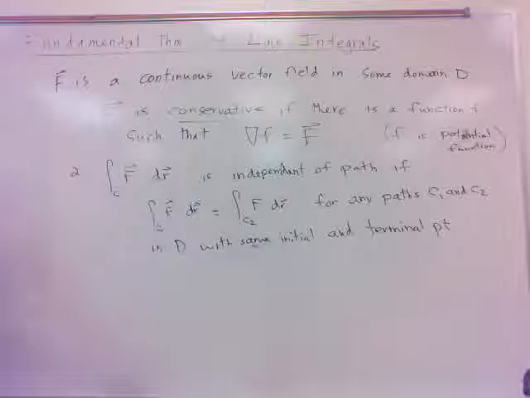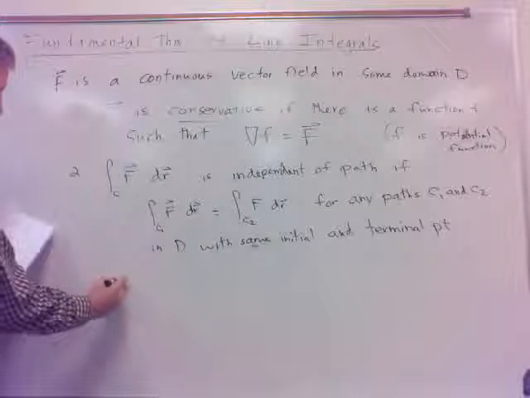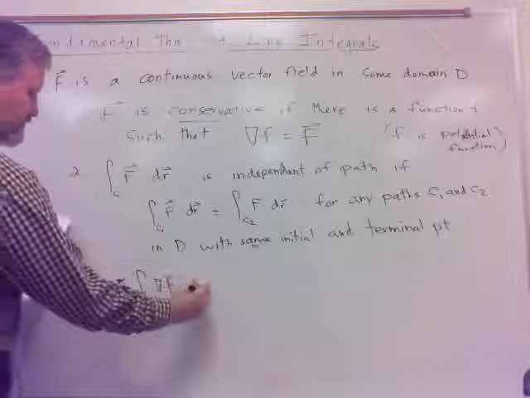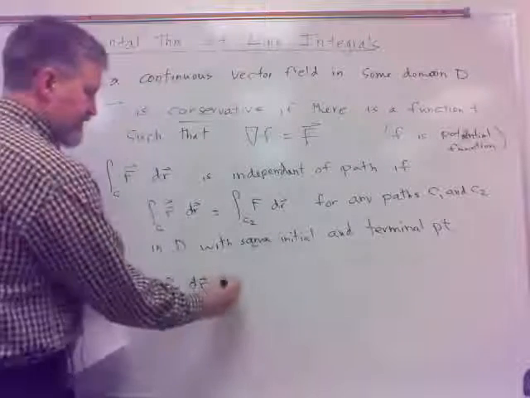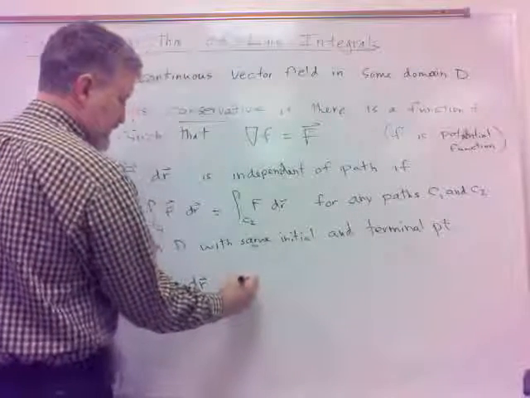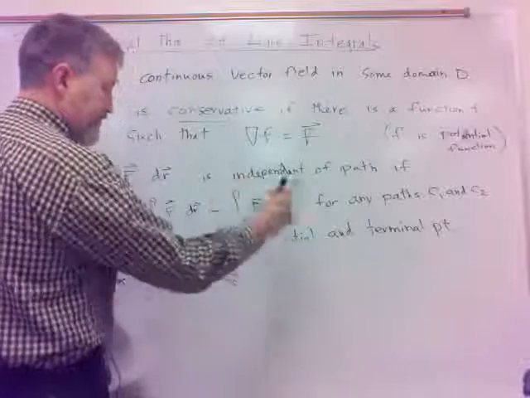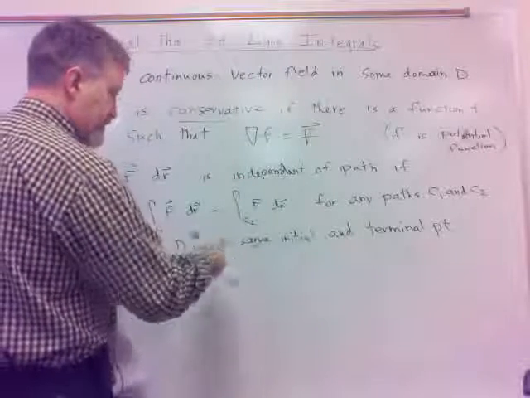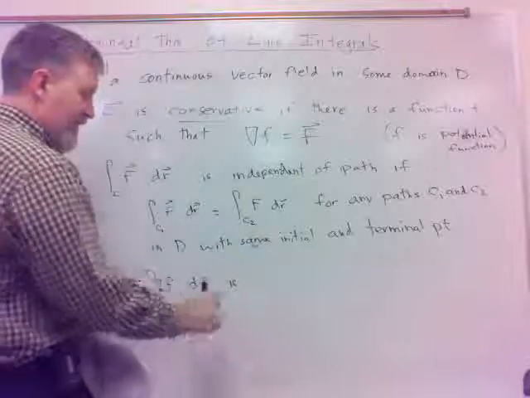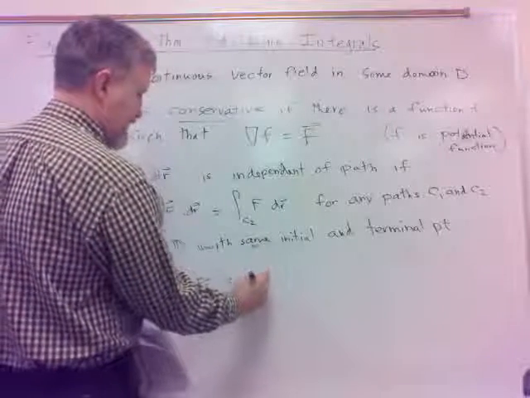So, from our previous theorem, the integral of the gradient of f dot dr is independent of path because it didn't matter what the C was as long as you knew the initial point and the terminal point. You can calculate this integral, so it won't matter the path.